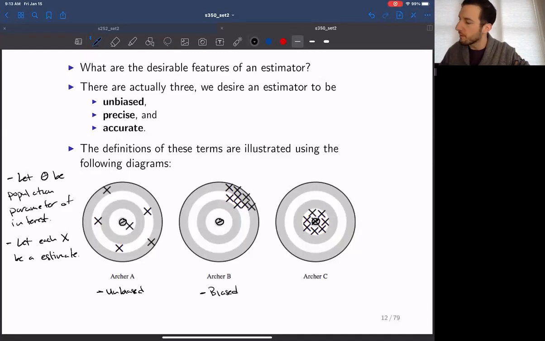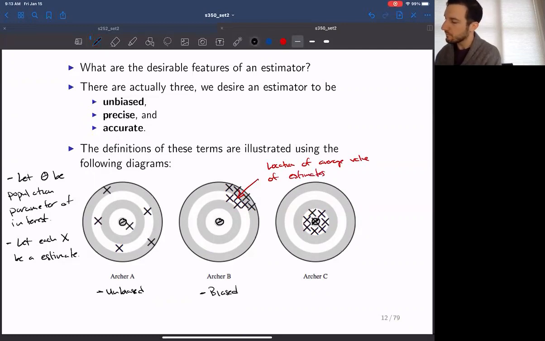This is going to average out to be somewhere here, for example. So this would be the location of the average value of estimates.